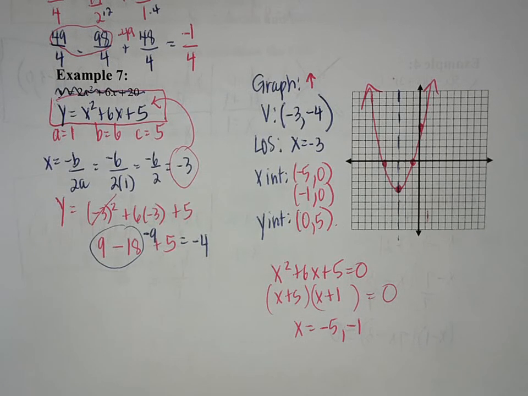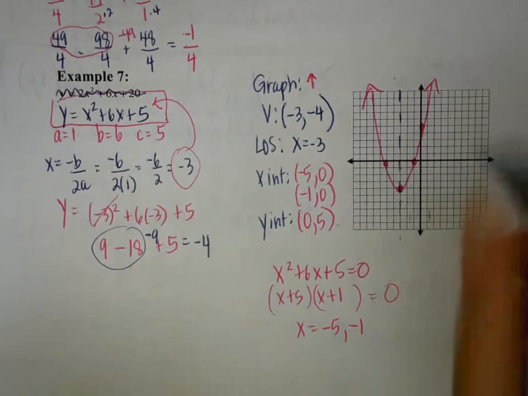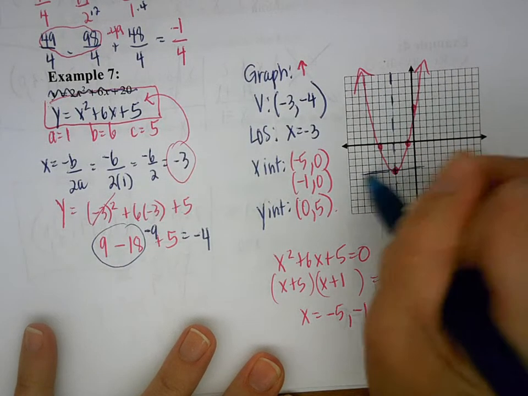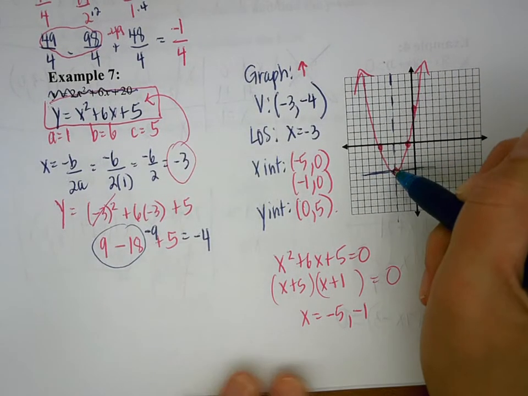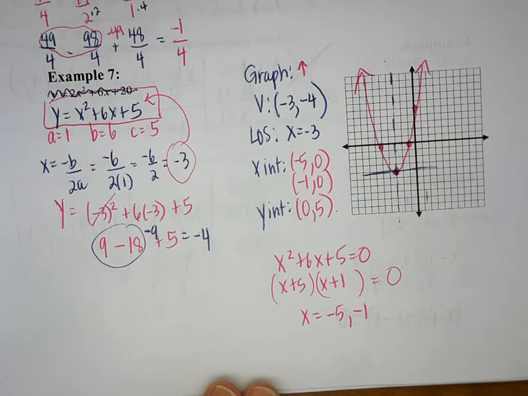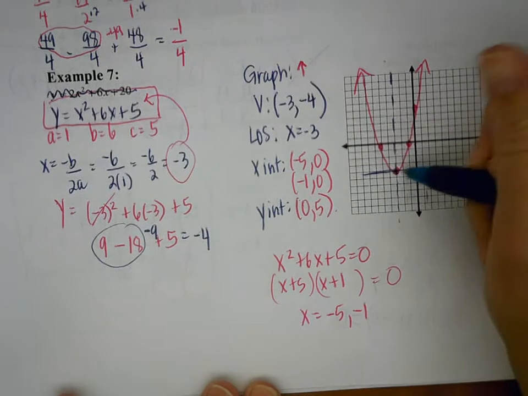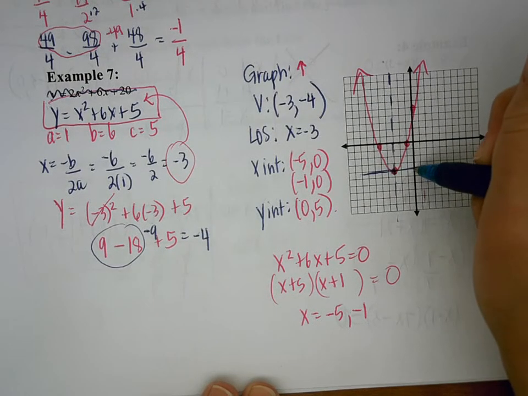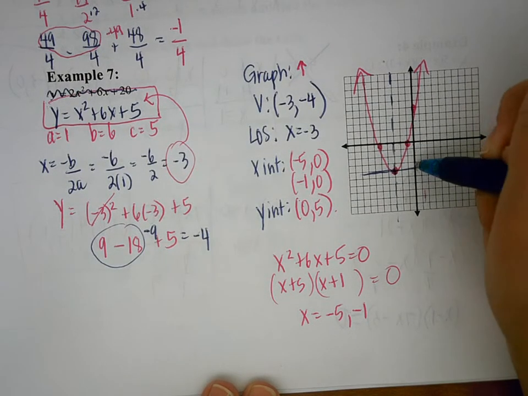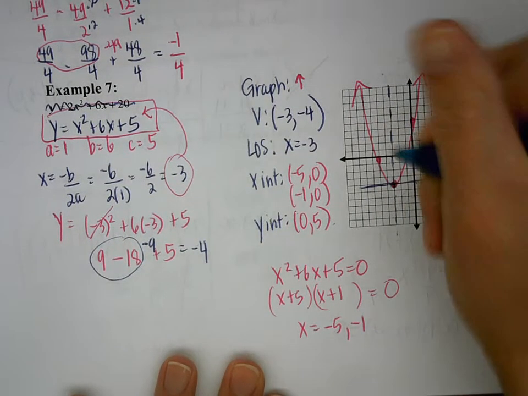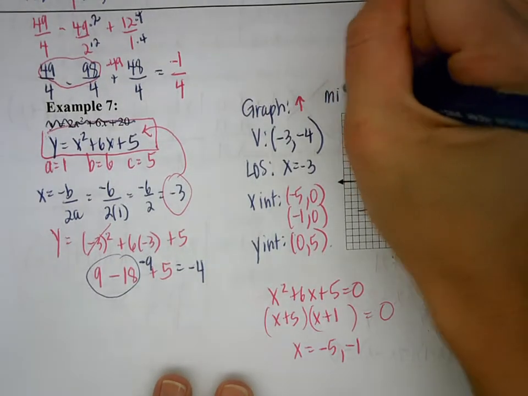Okay, so I look at this graph right here, and first of all, do you think this is a maximum value or a minimum value? Minimum, because everything else is bigger, right? But at this point, you guys said 5, but I disagree. What value is this? Negative 4. So my minimum value, minimum equals negative 4.